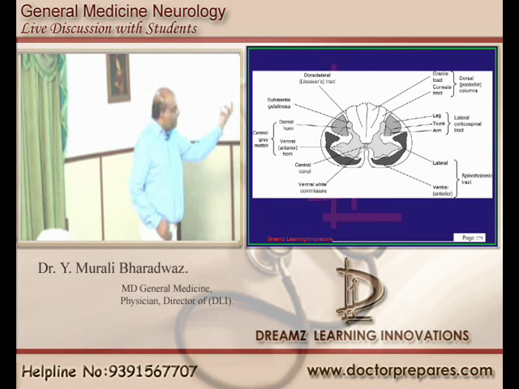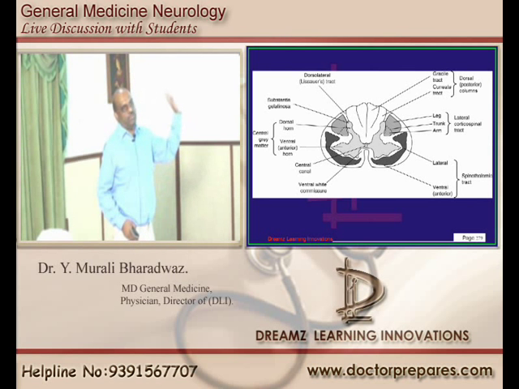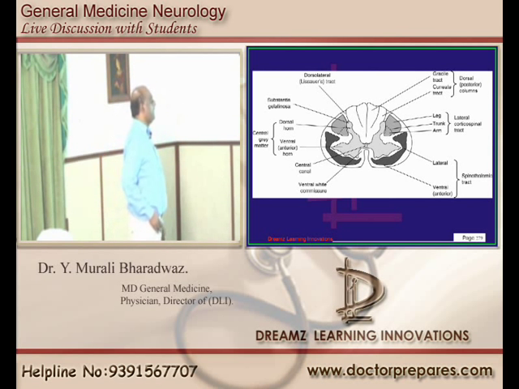So extramedullary will compress the fibers which are more outer. Hence, lower extremity involvement is earlier in case of extramedullary, because pyramidal tracts which are supplying the lower limb are more peripheral, and upper extremity is inside. This, no doubt, you will answer in tomorrow's exam.